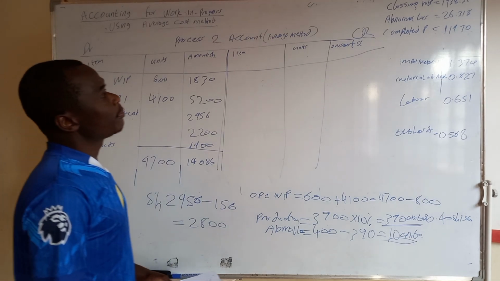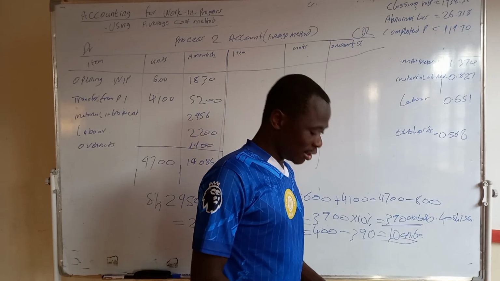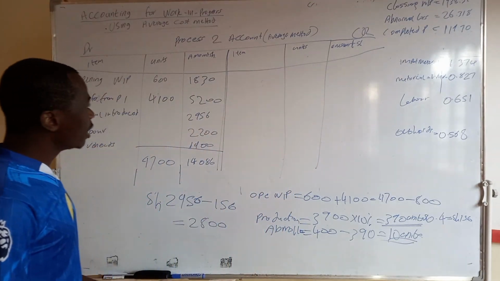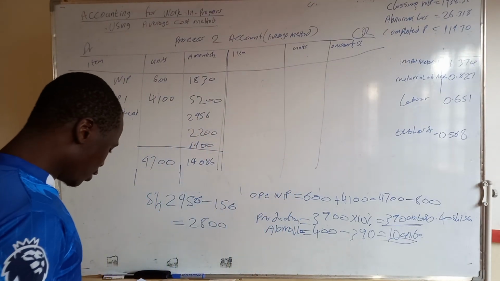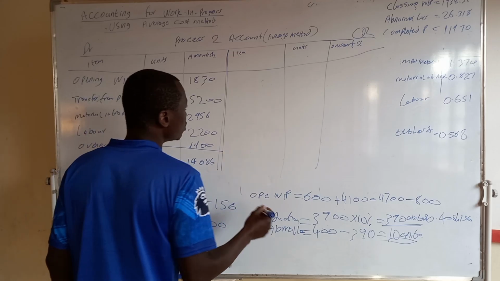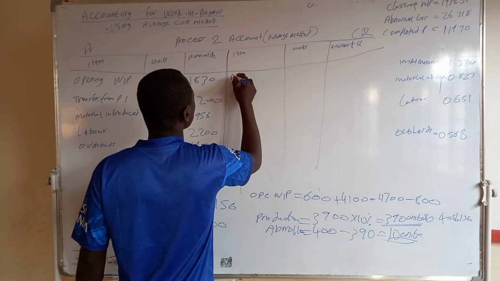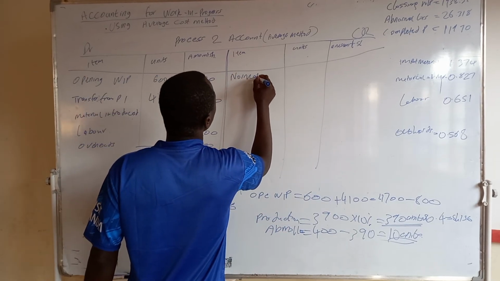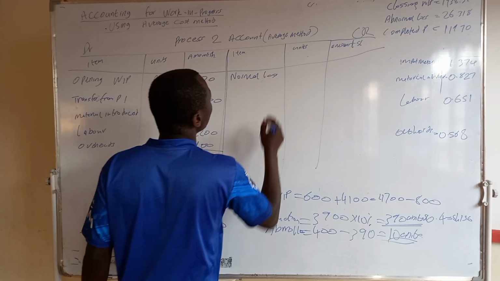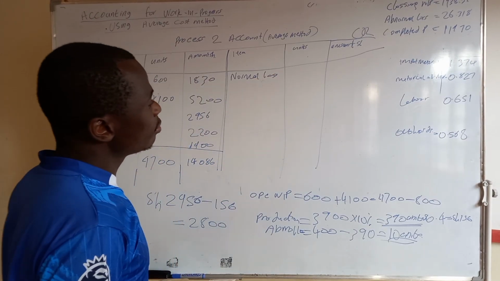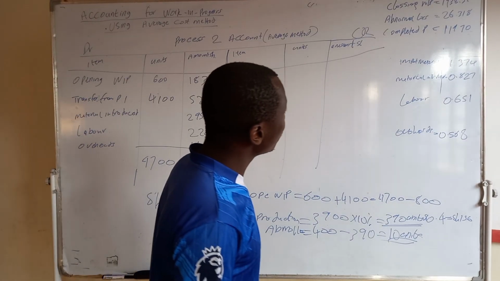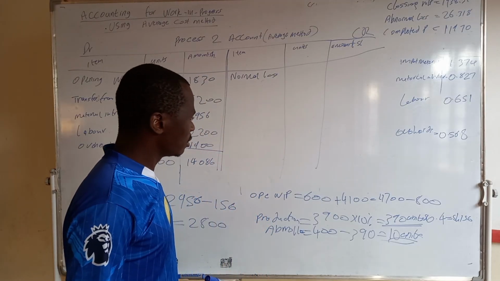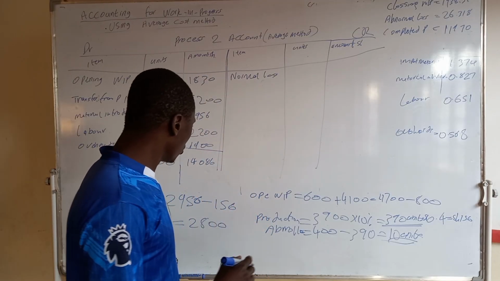Now let's go to the part that gave us a lot of calculation. Let us start with normal loss. Our normal loss is this one.